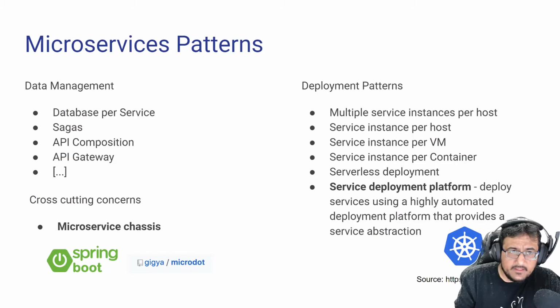While building these digital platforms, what I've been observing is that we have a lot of patterns for the microservices themselves. As you can see in this slide, we have patterns for data management, for deployments, and for cross-cutting concerns.